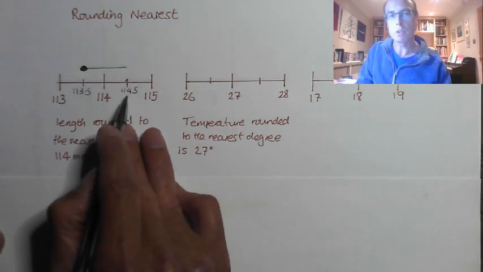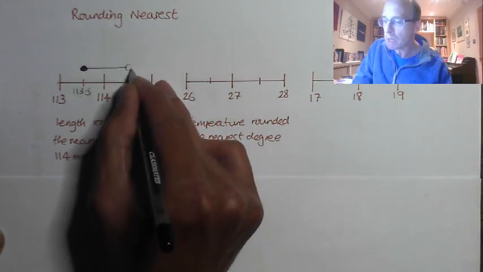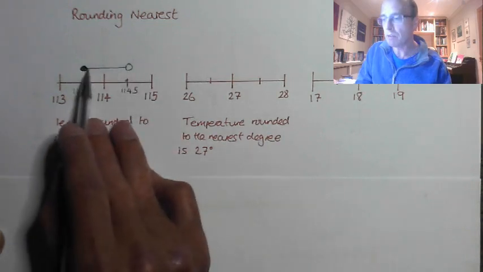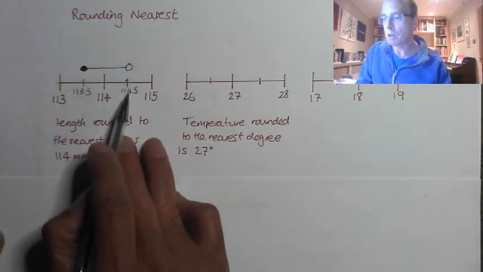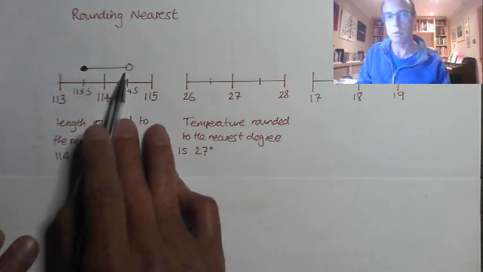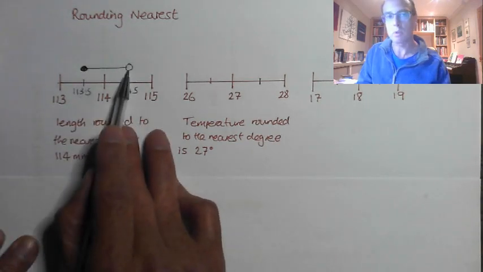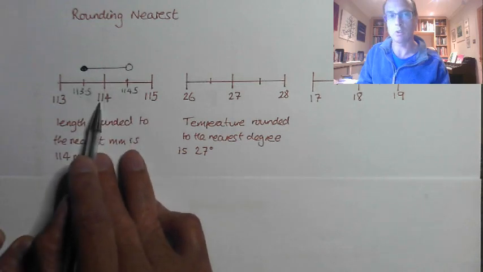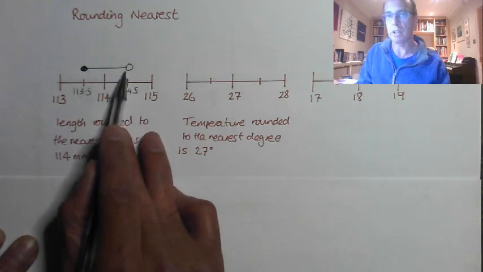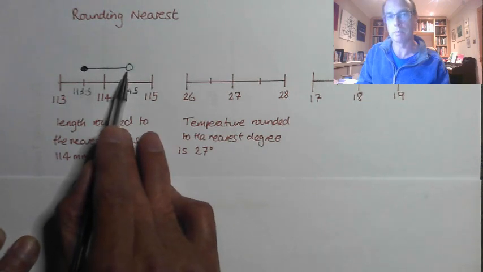My 114.5 would get rounded up to 115, so I'm not interested in that value. So everything up to, but not including 114.5, I want to include within my range. So my smallest value and my largest value, which I'm not actually including.